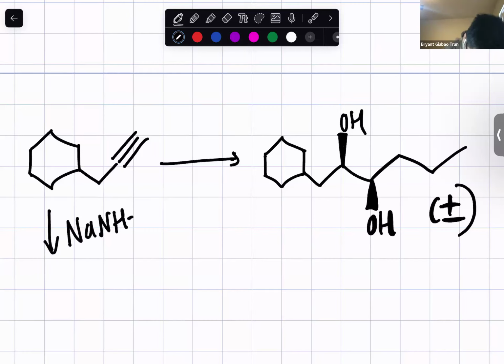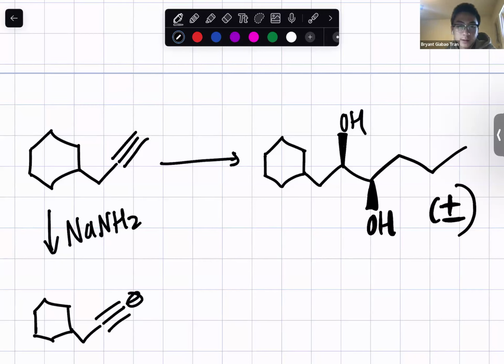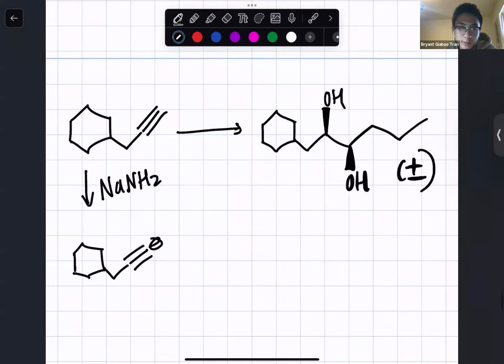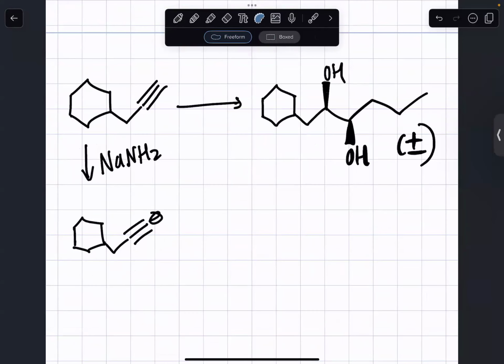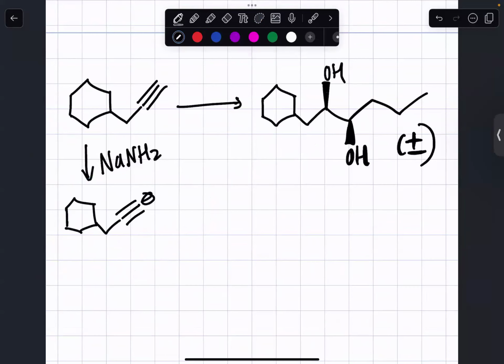Yes. That's right. Okay, I think I kind of see it. And then do we do SN2 to add an alkane chain? Right.